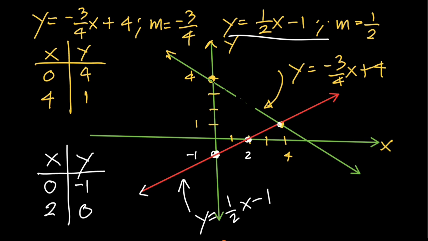So this is the point where they intersect. All right, so the solution of this one, the point where they intersect, is x equals 4, y equals 4. So we solved it graphically, but you can also solve this by substitution or elimination.